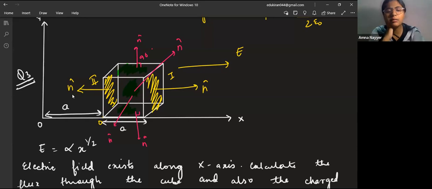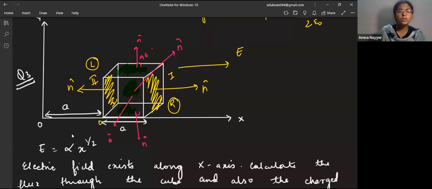Now see, now this is our work. Let's say we are talking about this right surface. Let me write this as right. This is the left one. First, flux is calculated for the right one. So this is given, E is equal to alpha x to the power half. What is the surface area for this? We are just talking about this square, not the whole cube. We are solving it in segments. 4 segments were 0. 2 segments are left, right and left.